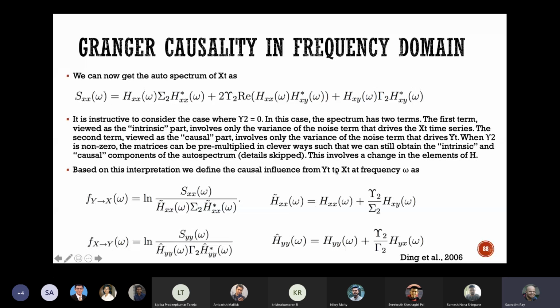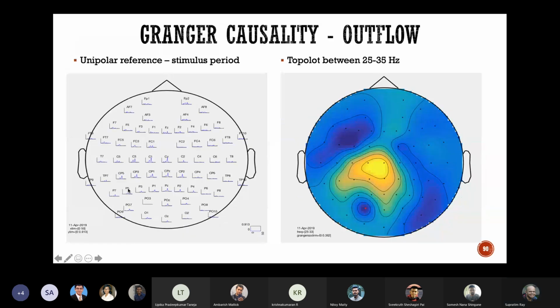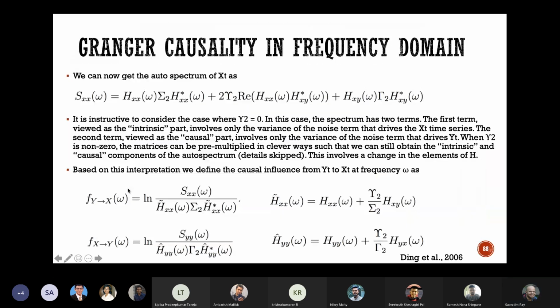So the causal influence of Y on X at a frequency omega is the total energy, the spectrum here, divided by the intrinsic part, this part. If the intrinsic part explains the total part completely, then Y has no contribution, and this will be 0. Otherwise, Y does have a contribution, and the numerator is going to be larger than the denominator, and this value is going to be slightly larger.